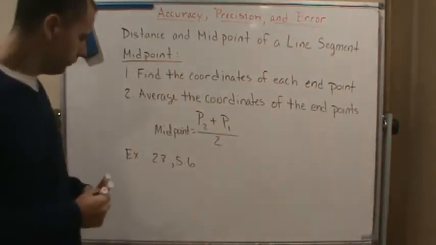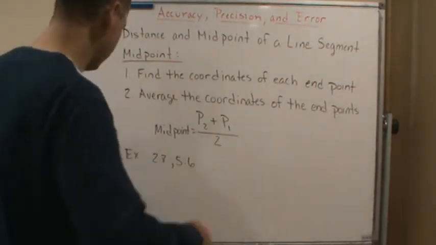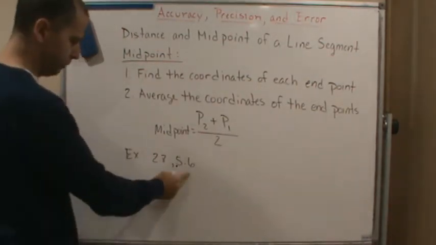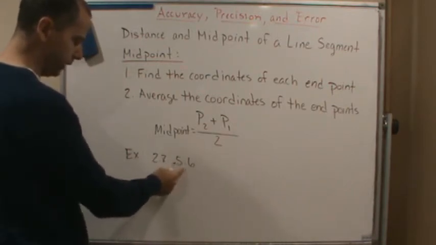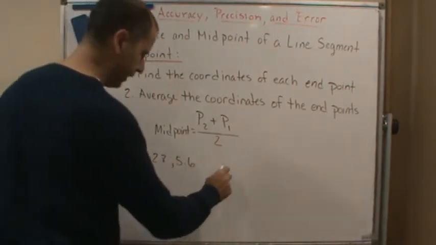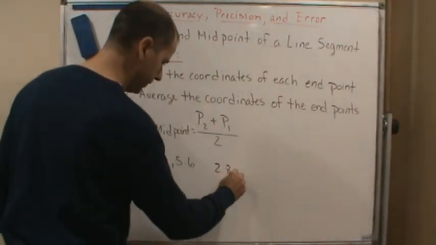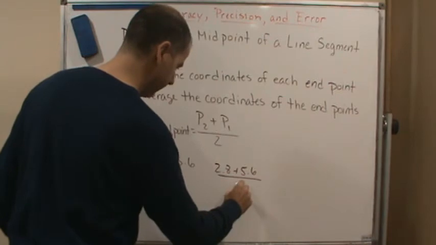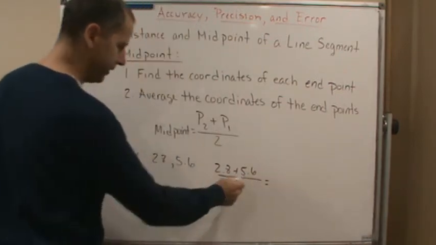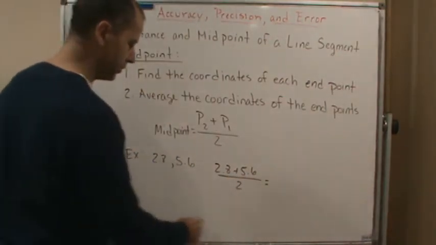Okay? Now, for example, let's say these are the endpoints of a line segment, and I want to find the midpoint, the middle point between these two endpoints. All I would do is take 2.8 plus 5.6, and I divide by 2. So I'm going to add those and divide by 2. And so what do I get?